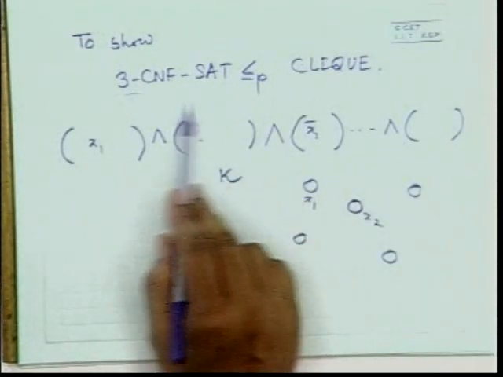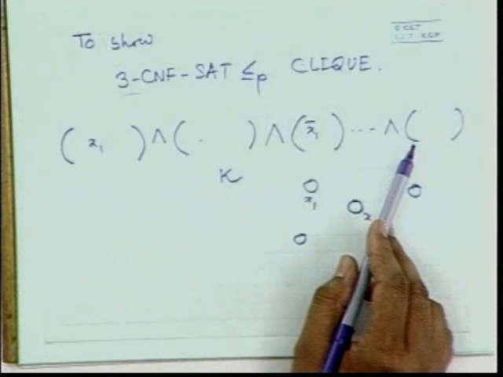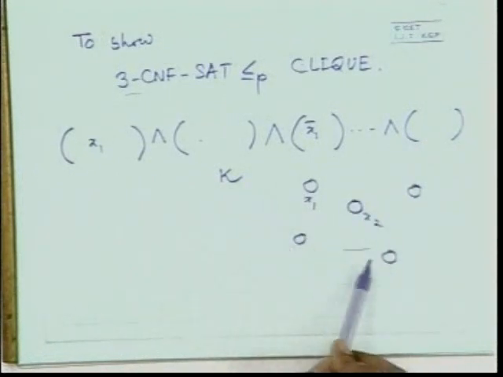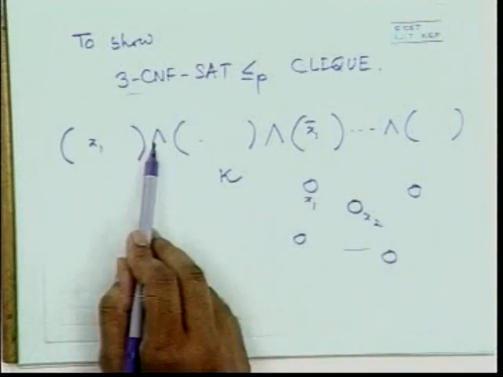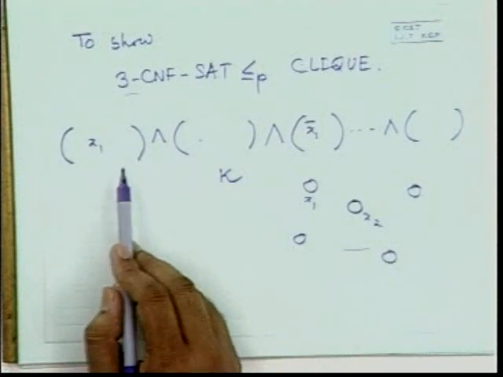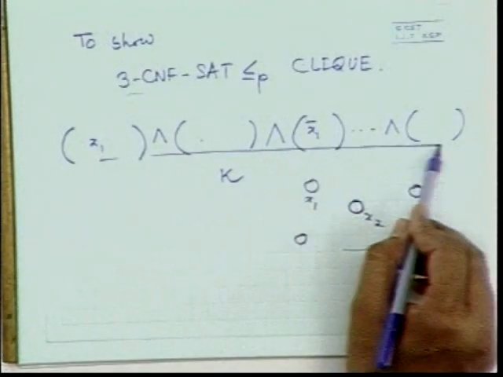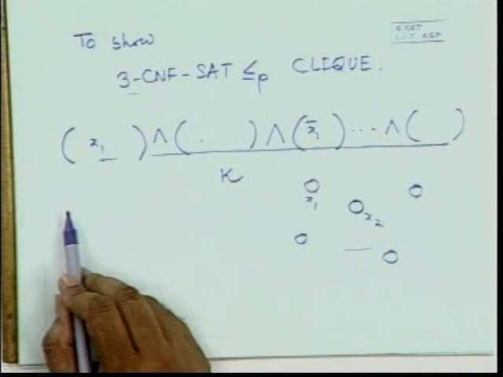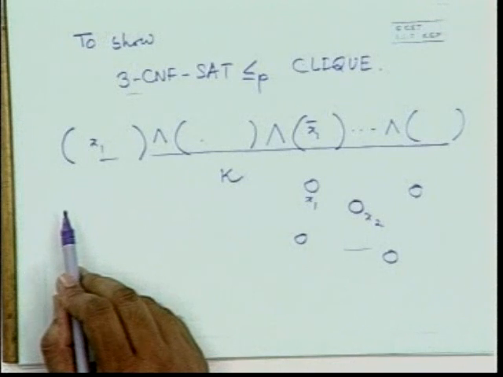Now the claim is, if this 3CNF SAT has a solution, then the graph has a clique of size k, and if the graph has a clique of size k, then the formula has a solution. So let us see why. If this formula has a solution, if there is a truth assignment of the variables, what does it mean?